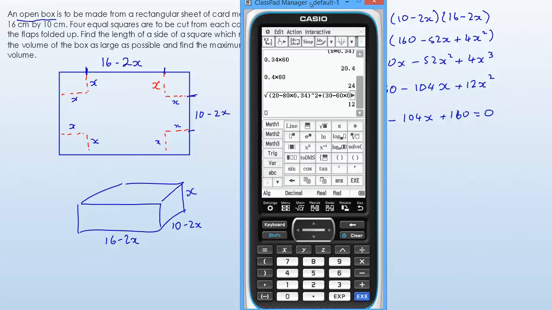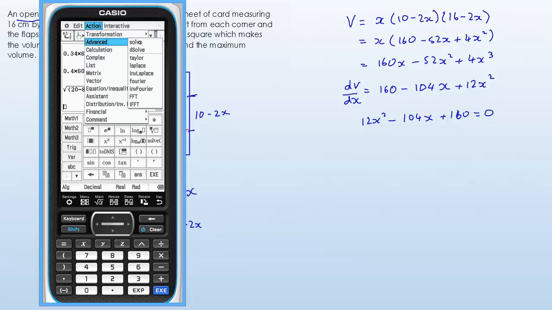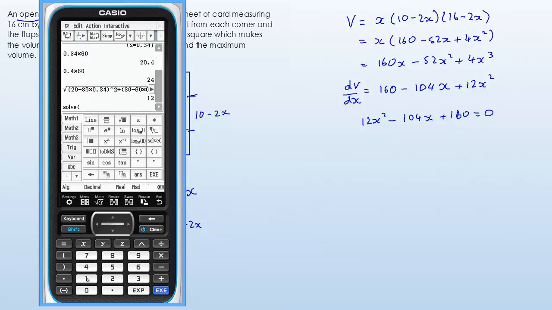Now, I think we'll probably have the calculator for something like that. So let's have a quick look. Action, advanced, solve. What have we got? 12x squared take away 104x plus 160 is equal to 0.